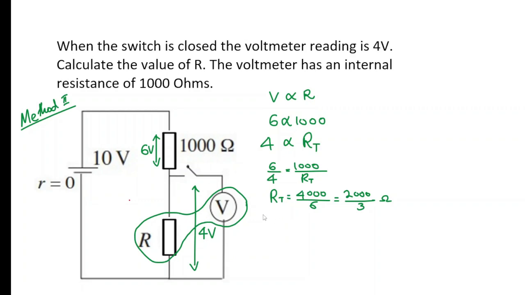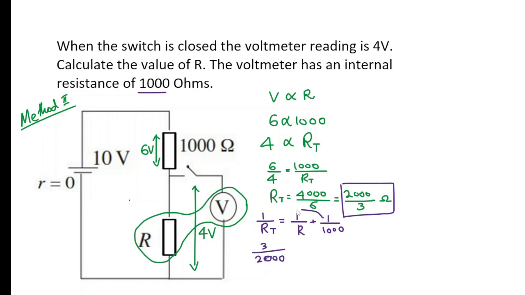So 1 over R total is equal to 1 over this R plus 1 over the resistance of the voltmeter, which we know is 1000 ohms. Now R total is 2000 over 3, so 1 over R total is the reciprocal, which must be 3 over 2000.